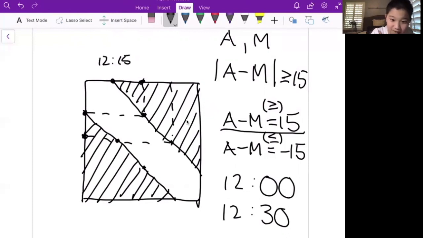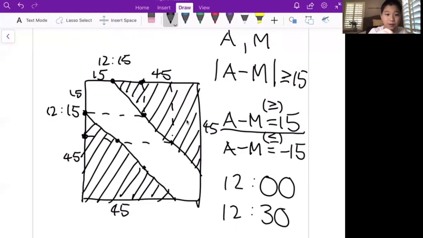And then this was also at the point 12:15. That means this is length 15 and this is length 45. This is length 15, this is length 45. So let's label these two. These are also 45s.